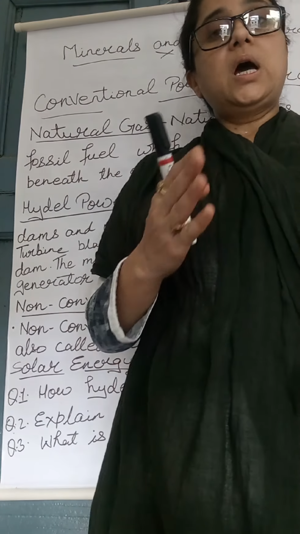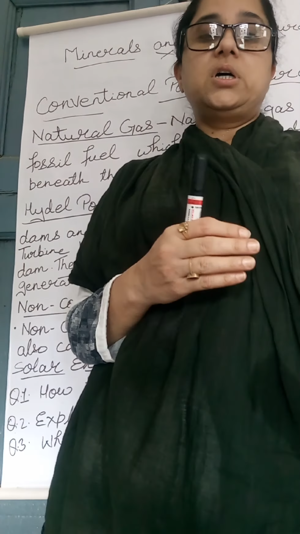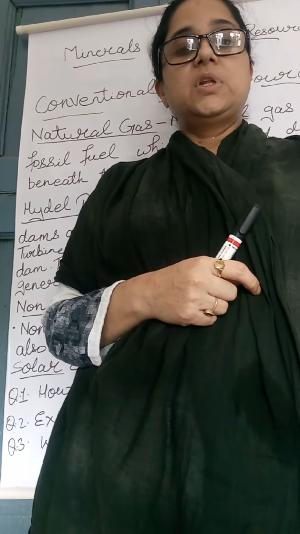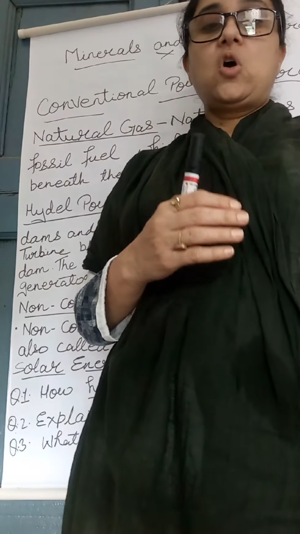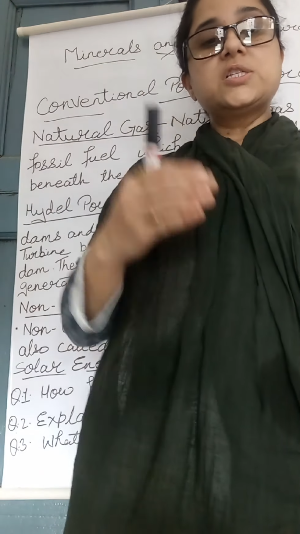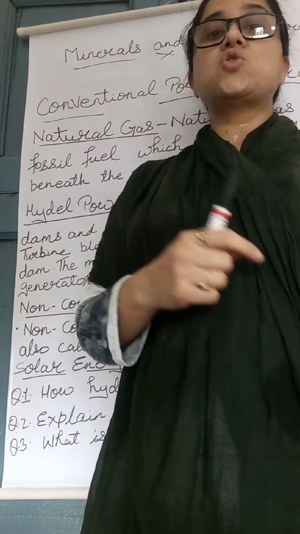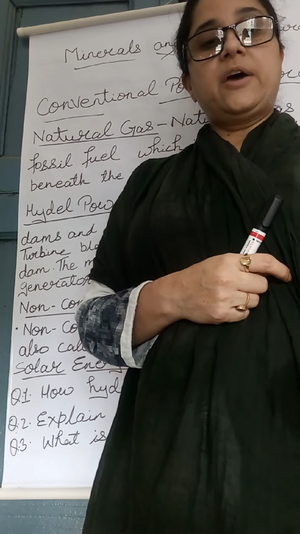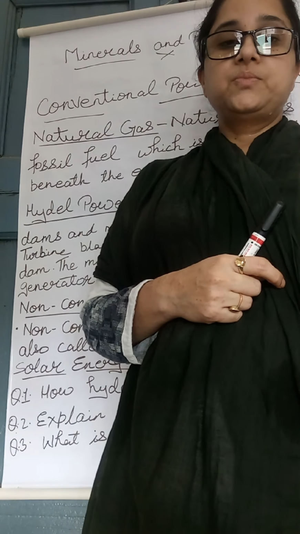Now, what are the conditions required for the development of hydropower? The river should be fast flowing, or water should fall from a height, like in the case of a waterfall. The river should have a large volume of water.